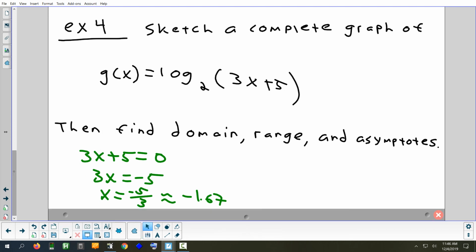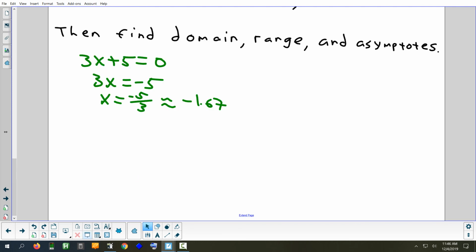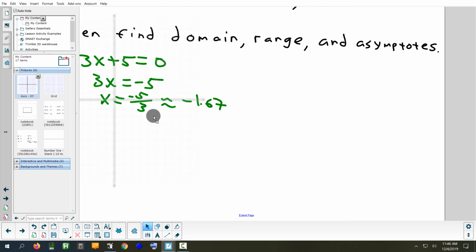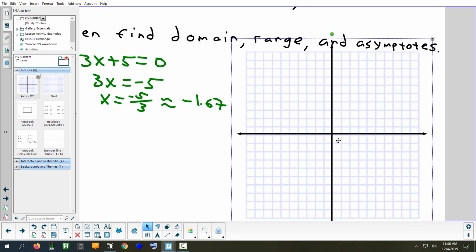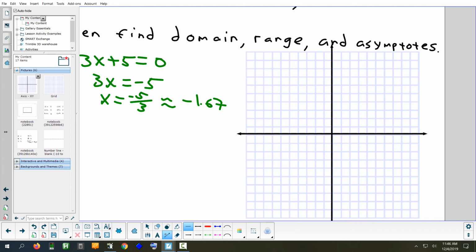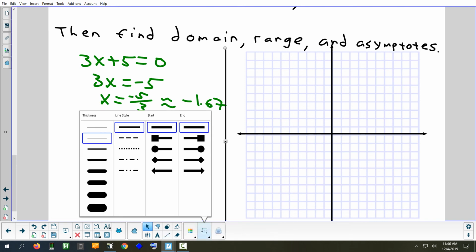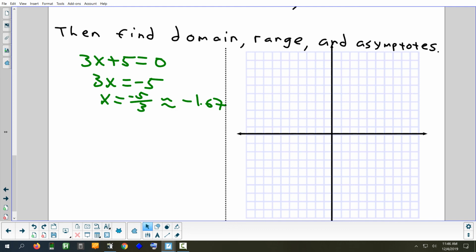That's the first thing I'm going to do. So let's get a graph, and we'll put a vertical line at negative 1.67. I'll make it dotted so we know it's an asymptote. About right there. Now remember, your function is either going to bend to the right or it's going to bend to the left. It's never going to touch that dotted line.